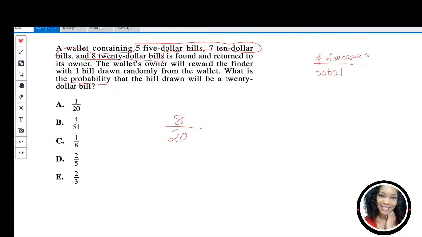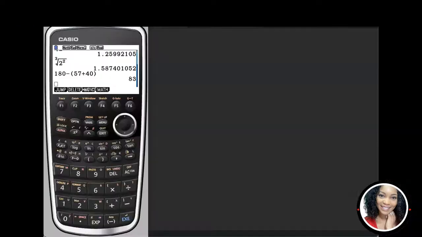So I am going to show you how you can reduce on the calculator. It was a fraction. Let's get fraction ABC. The fraction was 8 over 20. Execute.